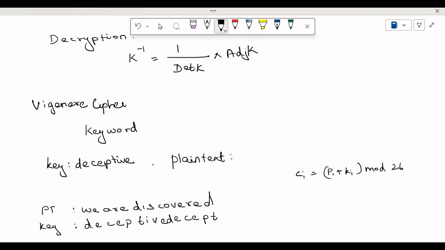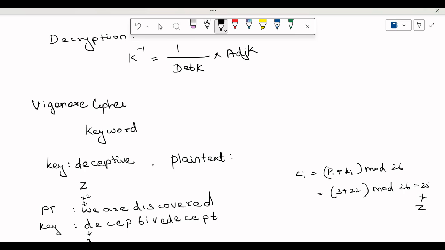So in this case, the alphabetic positional value of W is 22, and the alphabetic position of the key character is 3. A, B, C, D, 0, 1, 2, 3. So now 3 plus 22 mod 26 is 25, which is nothing but Z.